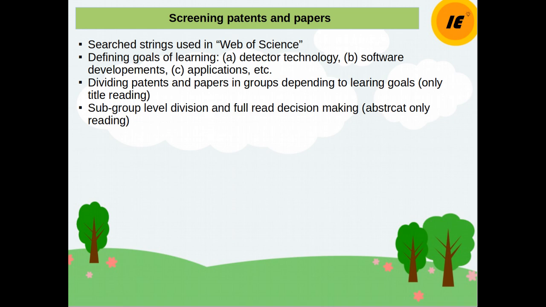Now for this week we used the same strings and fed them to the Web of Science website. Web of Science is, I would say, better than Google Scholar search, because there you can use the same string and get a more focused list of papers. So that was the new thing that we have done.